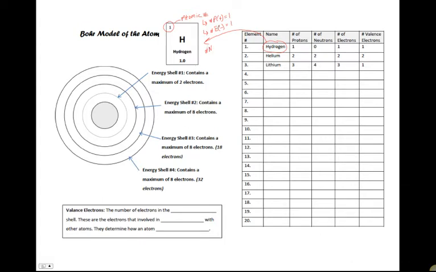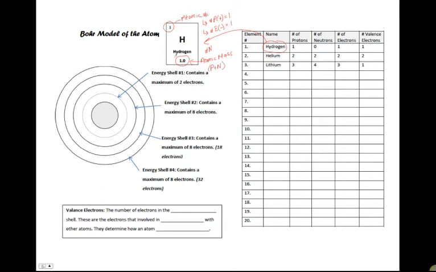Okay. To figure out the number of neutrons, we're going to look at this number down here on the periodic table, and that number there is the atomic mass. And the atomic mass basically is calculated by adding the number of protons with the number of neutrons.